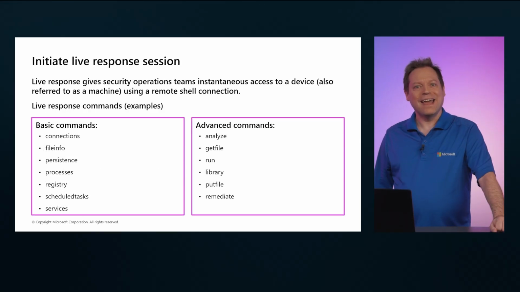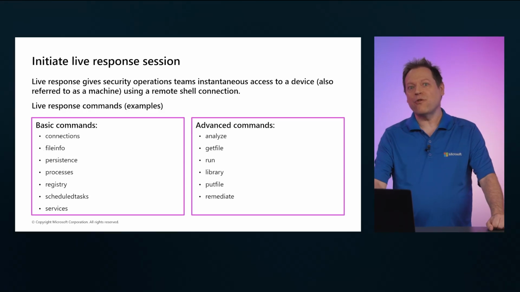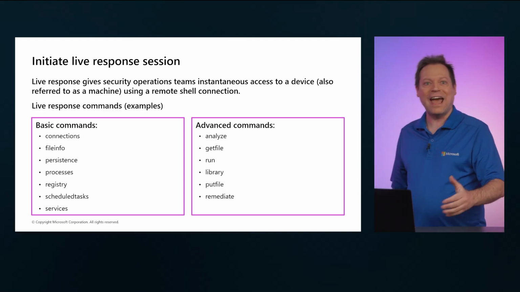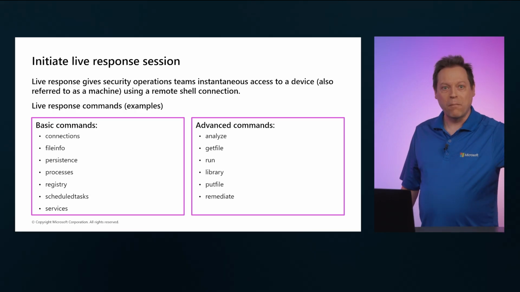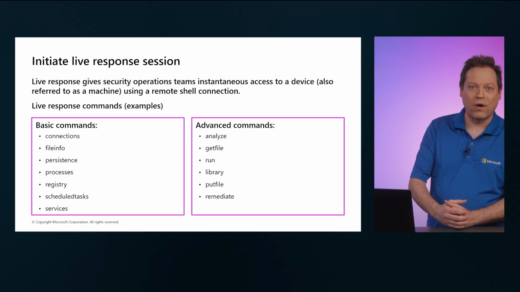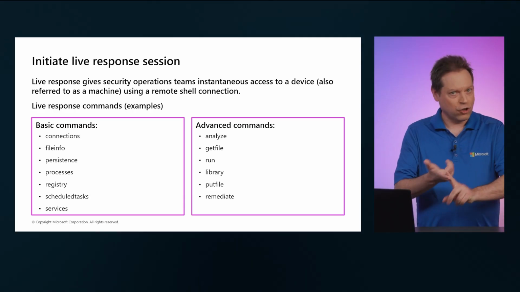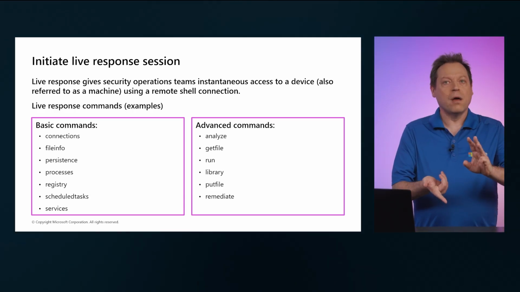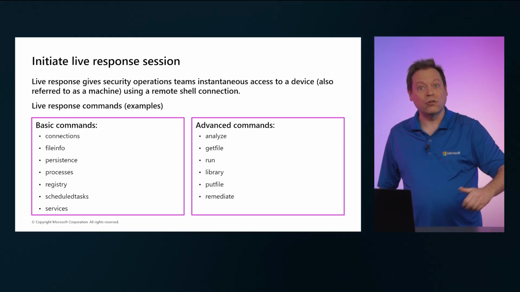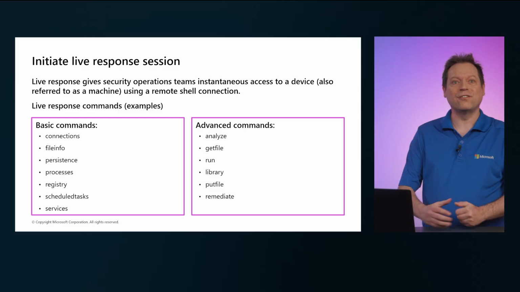For rapid, hands-on triage, live response gives security operations teams near-instant access to a device through a remote shell connection. You can use basic commands to inspect what's happening, commands like connection, fileinfo, persistence, processes, registry, scheduled tasks, and services.